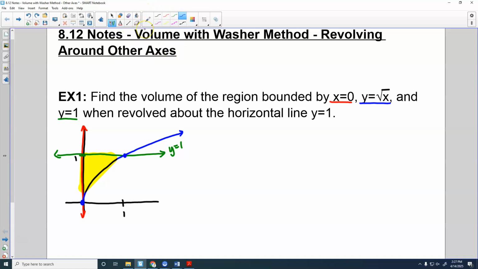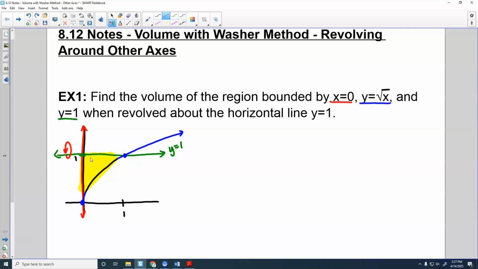Now, this one actually is not a washer method. I think that was supposed to say disc and washer. This is not a washer method because we are rotating around this line right here. So in this case, for our capital R of x, we touch this line the whole time, right?